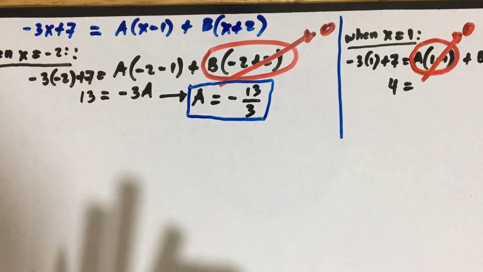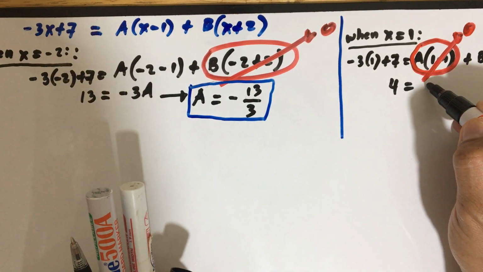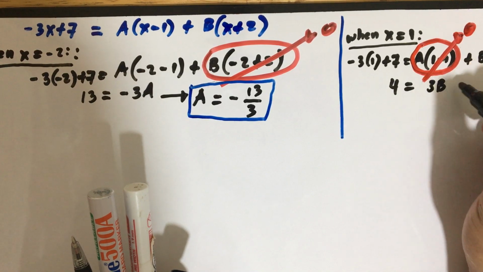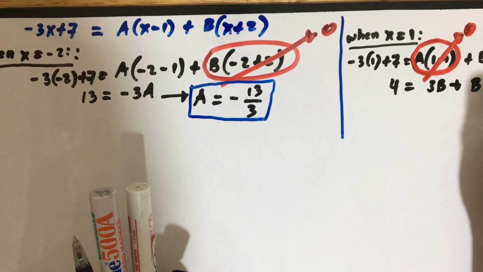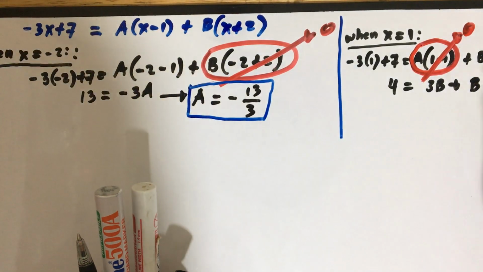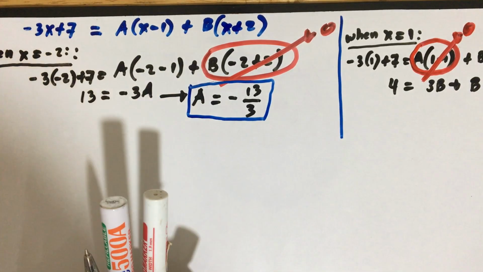What is left is 4 on the left side, and on the right we have 1 plus 2 is 3 times b, so 3b. From here we can solve for b. Divide both sides by 3. So b is equal to 4 over 3.